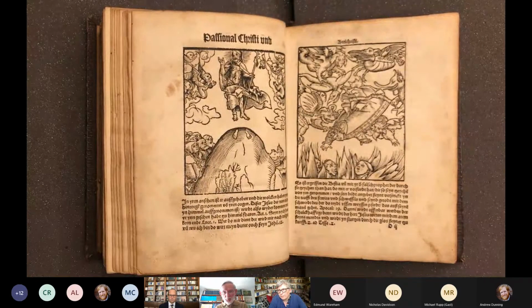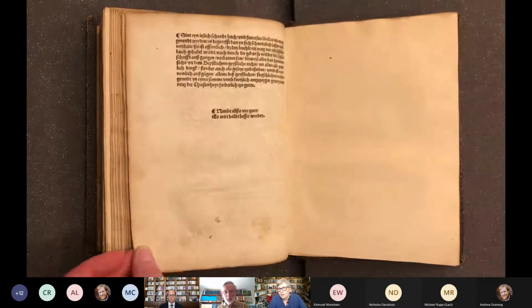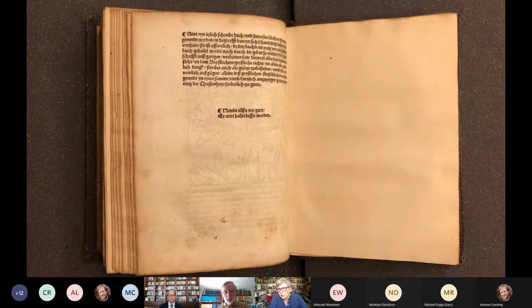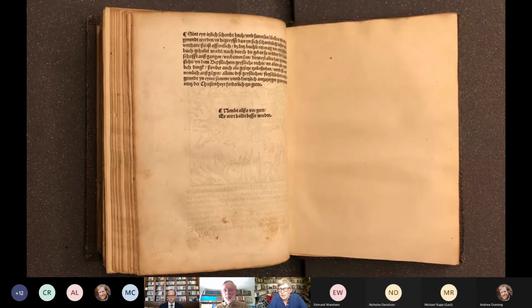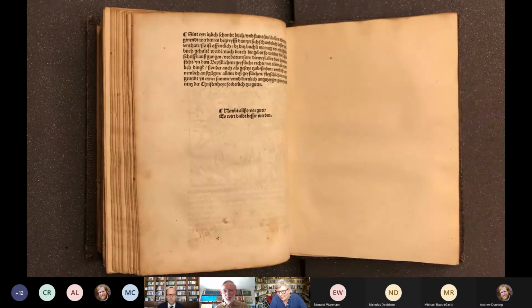If you turn it over, the verso simply has a very short summary, and the last rhyming couplet, "nehmt alles für gut, es wird bald besser werden." So the hope for a better future without the Antichrist.